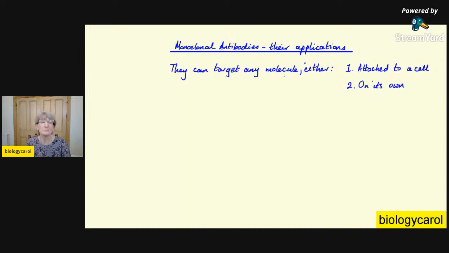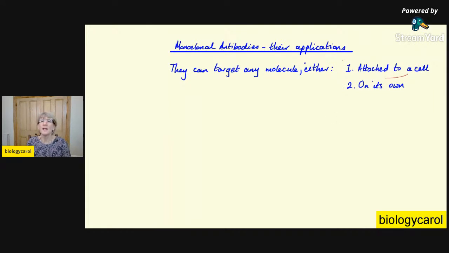The molecule, the antigen in effect, can either be attached to a cell, which means we can identify and target particular cells, or it can be on its own. And that means we can identify and target particular molecules.